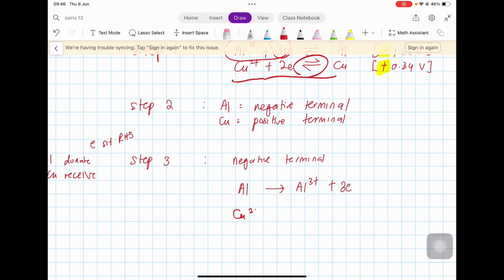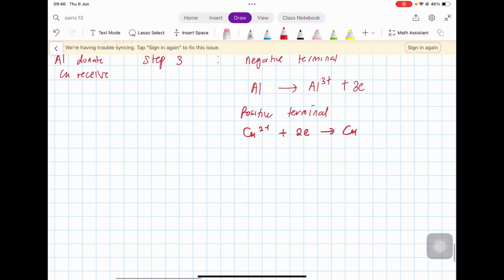So Cu2+ plus 2e becomes Cu. This is at the positive terminal. I forgot to write that. Positive terminal. Okay, alright.